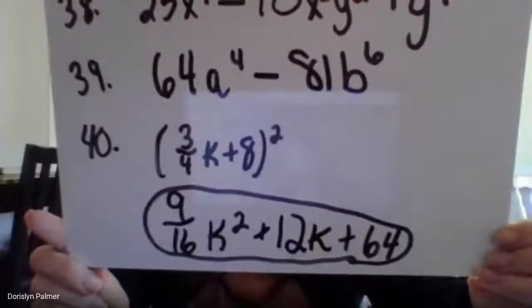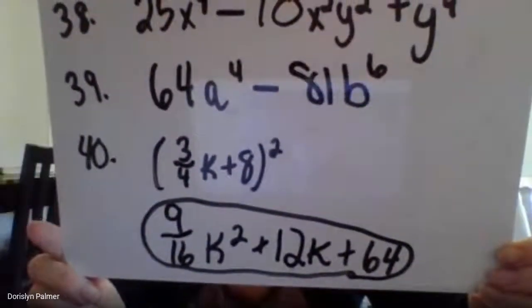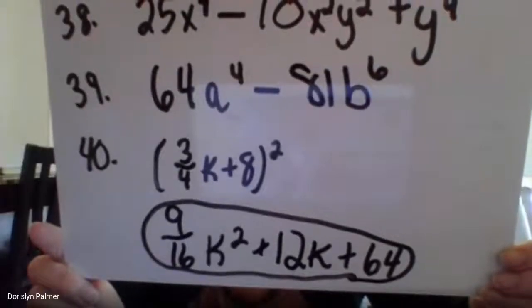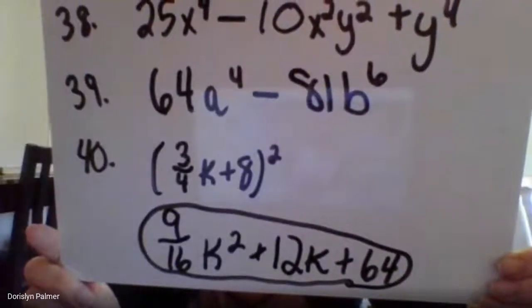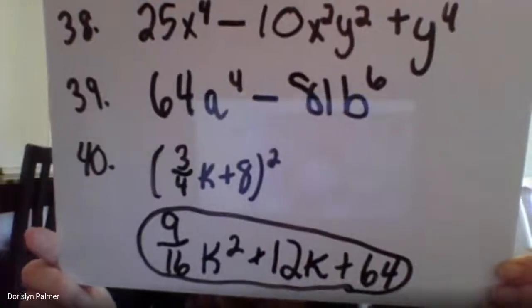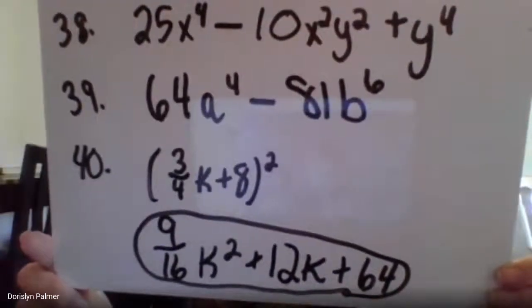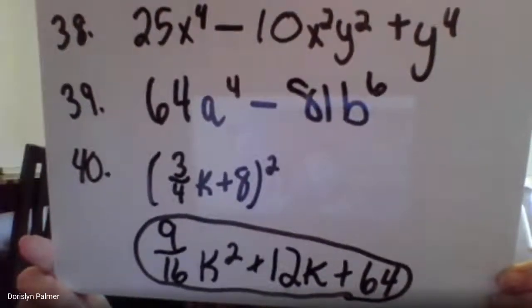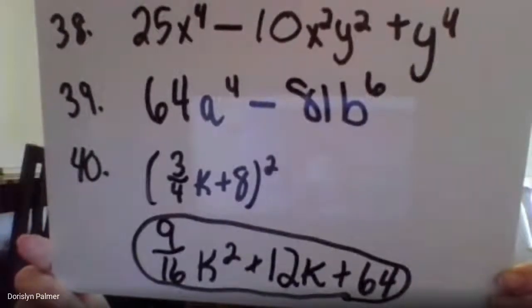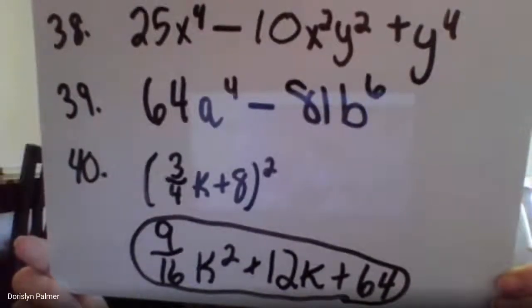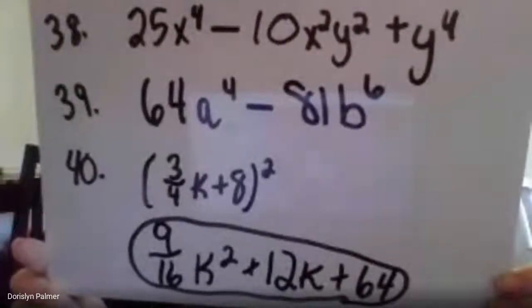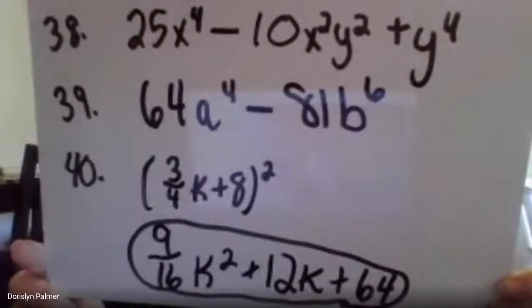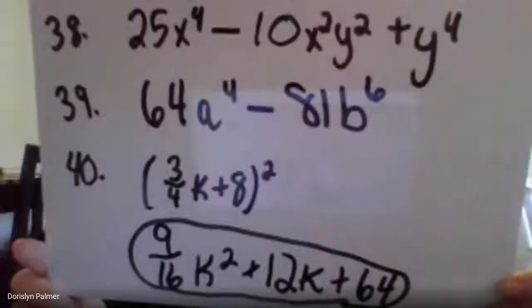So we're going to square 3/4. Well, that's not bad. 3/4 times 3/4 is 9/16. We have the k squared. And then it's 2 times 3/4. All right, which is 6/4 times 8. 2 times 8 is 16, so it's 16/4.